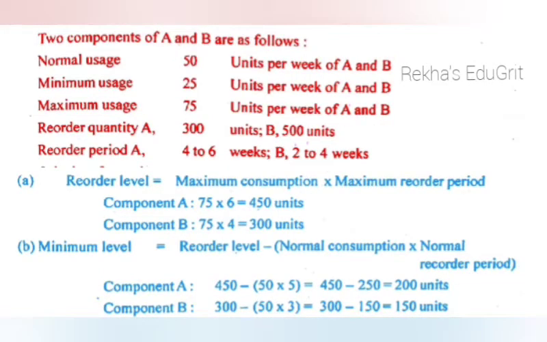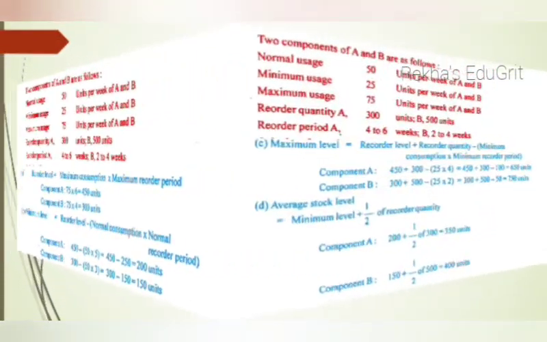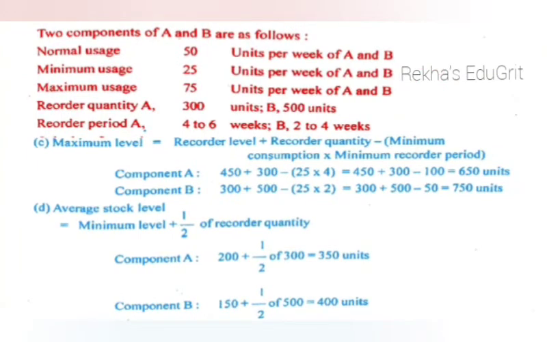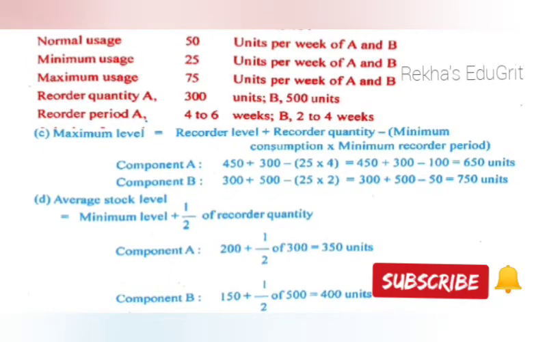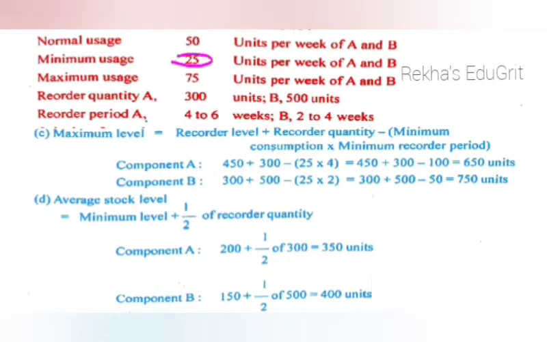After calculating the reorder level and the minimum level, next we have to calculate the maximum level. The formula is reorder level plus reorder quantity minus minimum consumption into minimum reorder period. The minimum consumption is given in the question as 25.